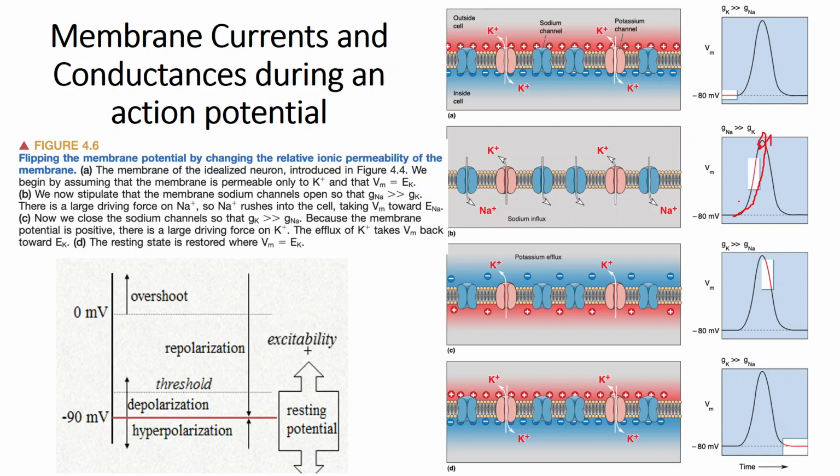The sodium will move inside to take the membrane closer to the equilibrium potential for sodium. You remember what the equilibrium potential for sodium is? Positive 70, right? Plus 70 millivolts. That's the equilibrium potential for sodium.